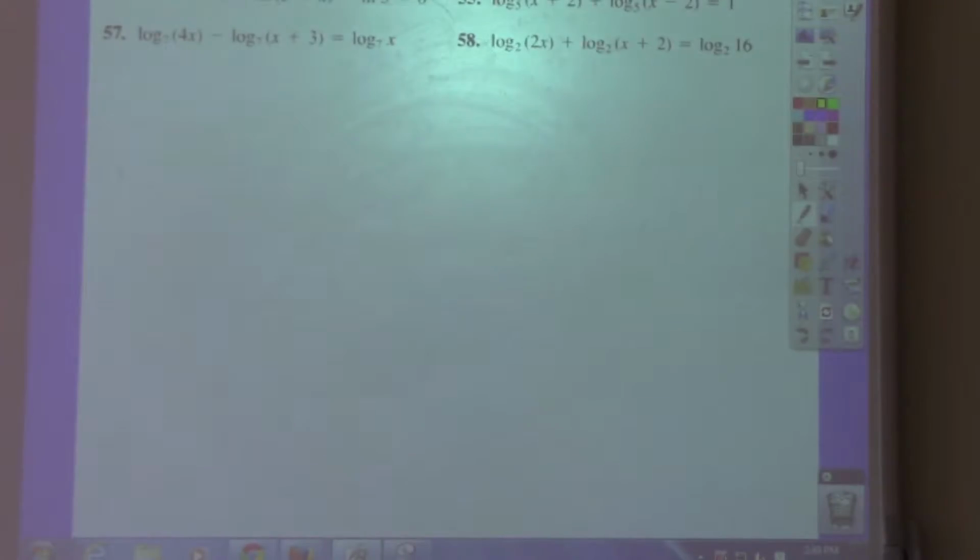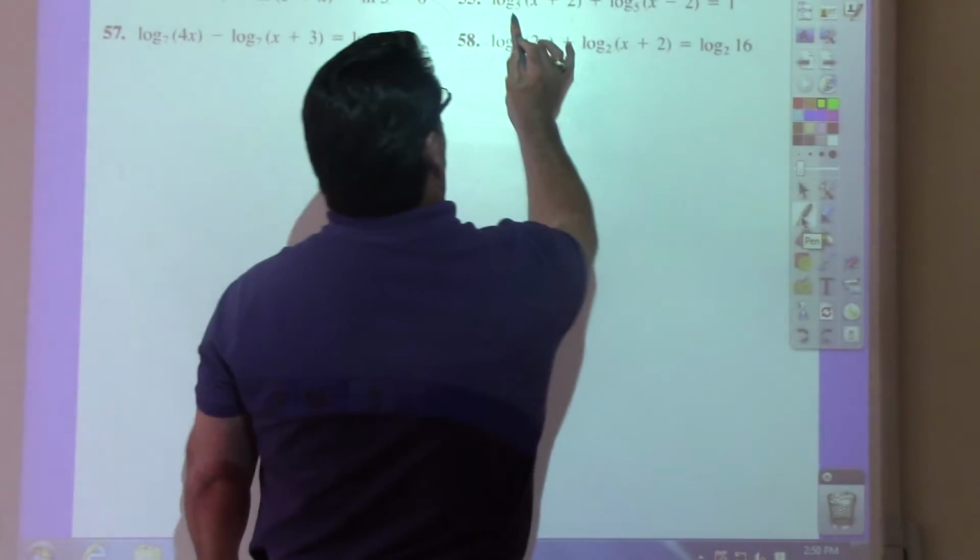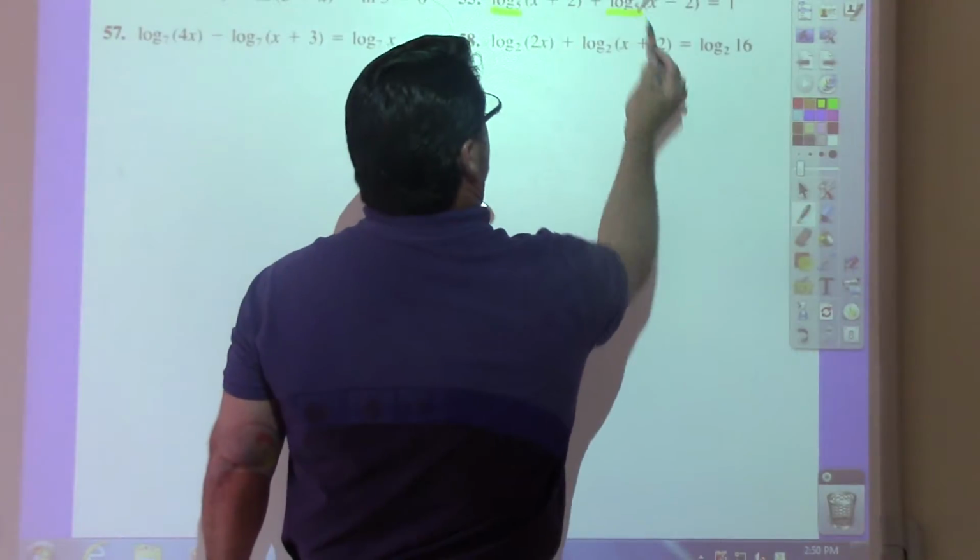All right, the first one, I guess 55. First thing you notice is that these two are the same base.